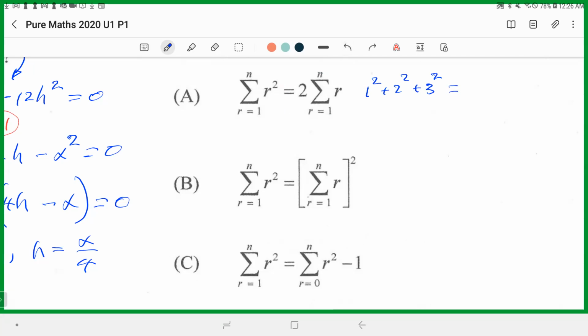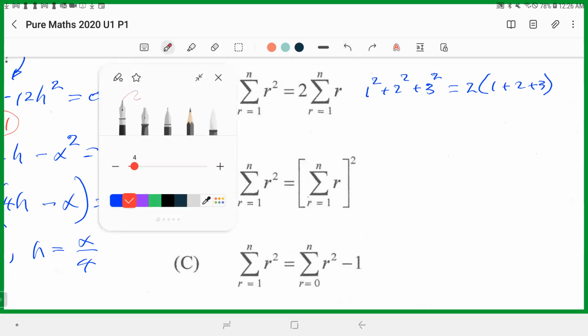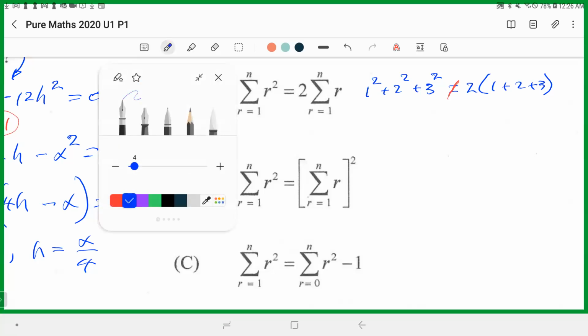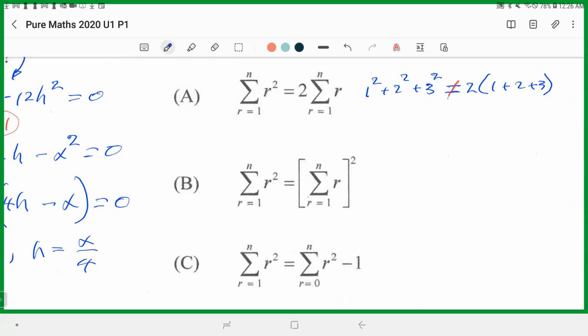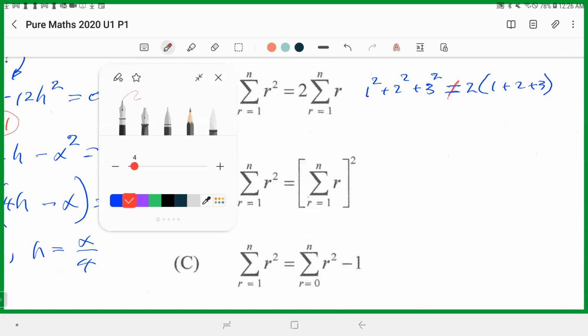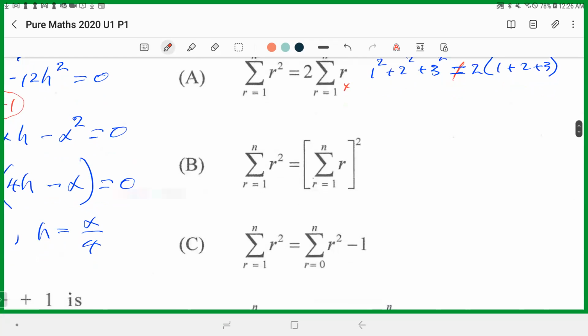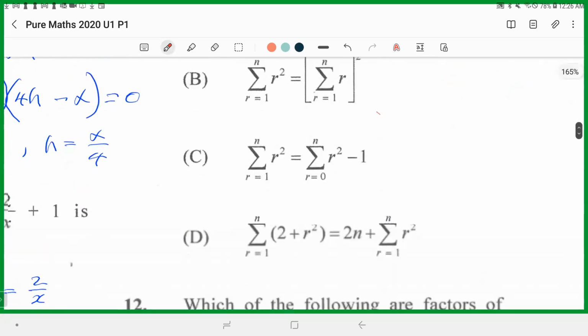That is 2 times the sum of r, which becomes 1 plus 2 plus 3. That's not equal. This becomes 2 times 6, which is 12. And this can't pass 12. So you can put a cross across this equal sign. So it means that that one is not correct. Put an X on the first one.